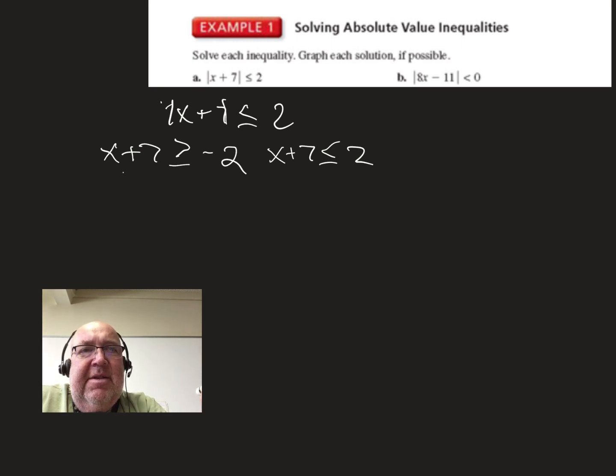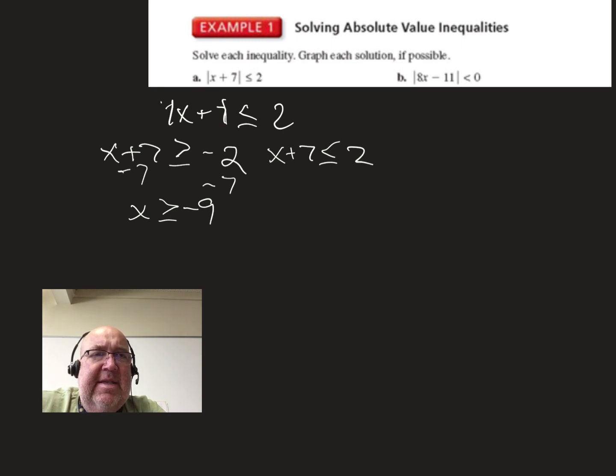Alright, so we're going to subtract 7 from both sides. We're going to get x is greater than or equal to negative 9, and x minus 7 less than or equal to negative 5.